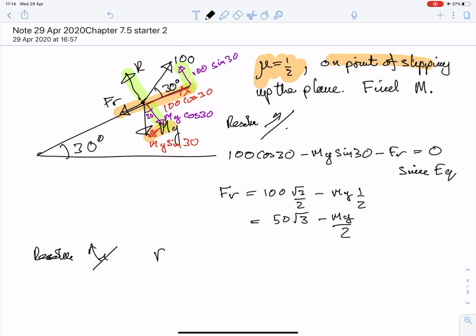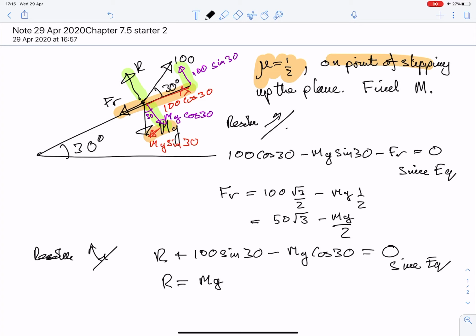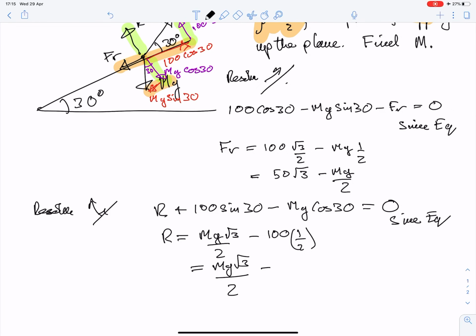So we get R plus 100 sine of 30 minus mg cos of 30 equals 0, since there's no acceleration in that direction, it's in equilibrium. So R is equal to mg cos of 30, which is √3 over 2, minus 100 sine of 30, which is 1/2. So we've got mg√3 over 2 minus 50.